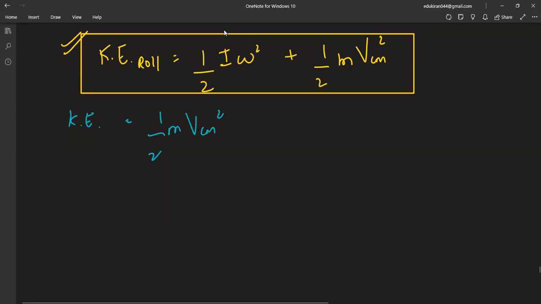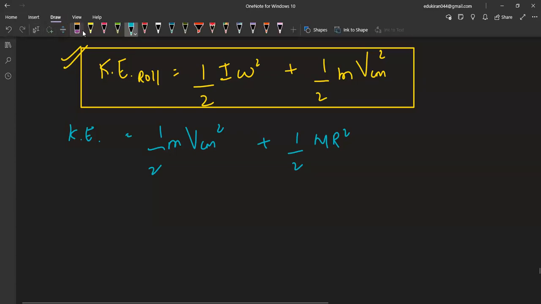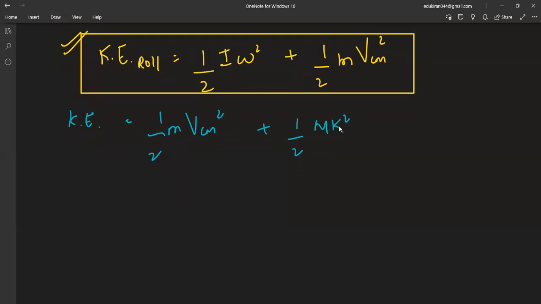When it comes to I omega, you can write I as m k square in terms of radius of gyration, because in most of the questions, the radius of gyration will be given to you. So m k square omega square, right? I is equal to m k square. This was the last topic at which we stopped the class.